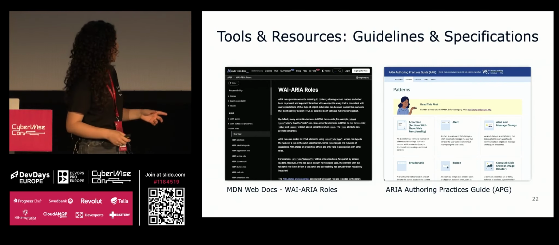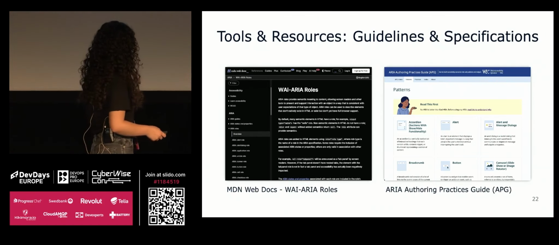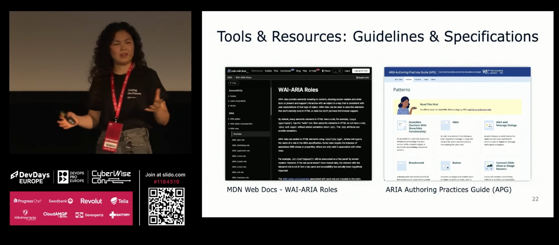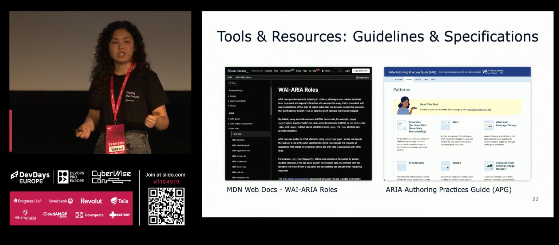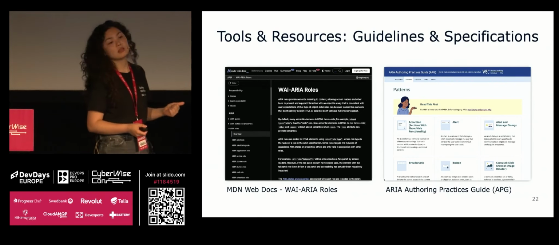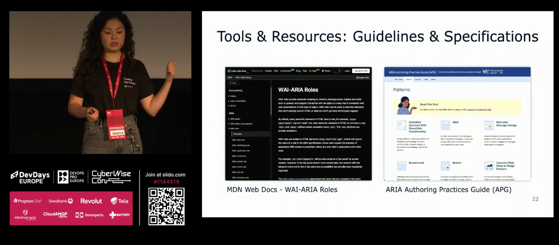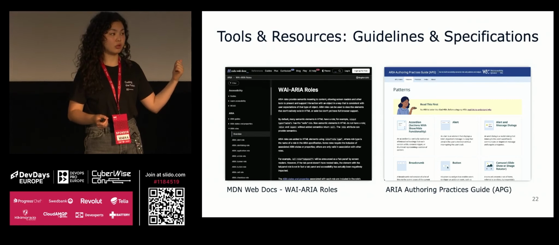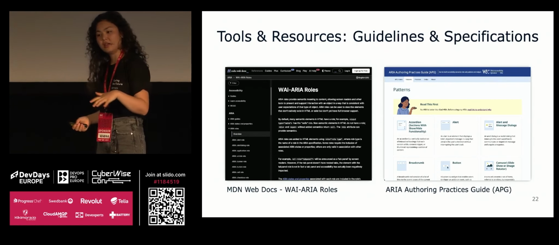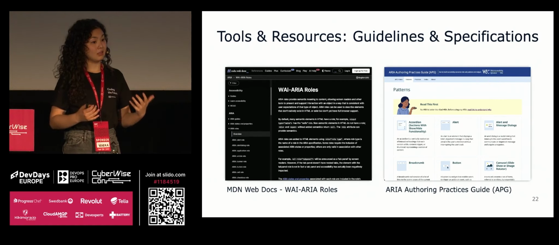Besides that, the Mozilla developer documentation is also great to consult about anything related to the web, but especially HTML and accessibility. These guidelines and specifications are used for the legal regulations that I mentioned on the first slide. So they are a source of truth. They are actually legal documents.